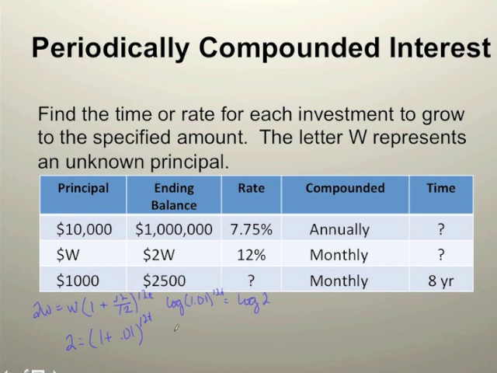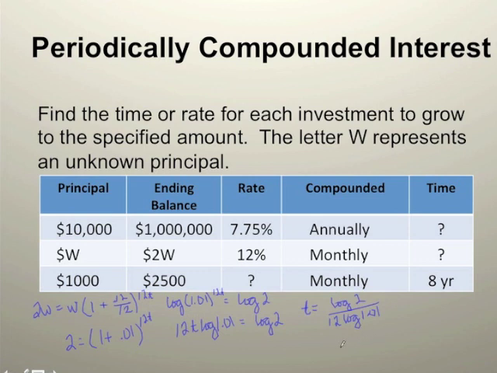Move the 12t in front using the rules for logarithms. 12t times log of 1 and 100th equals log of 2. So it turns out that t equals log of 2 divided by 12 times the log of 1 1/100. That would be my exact answer.